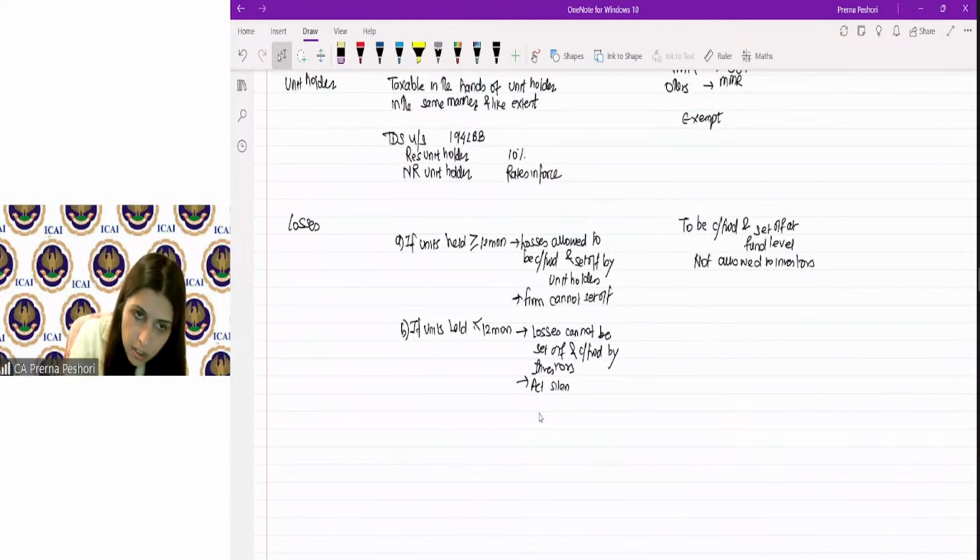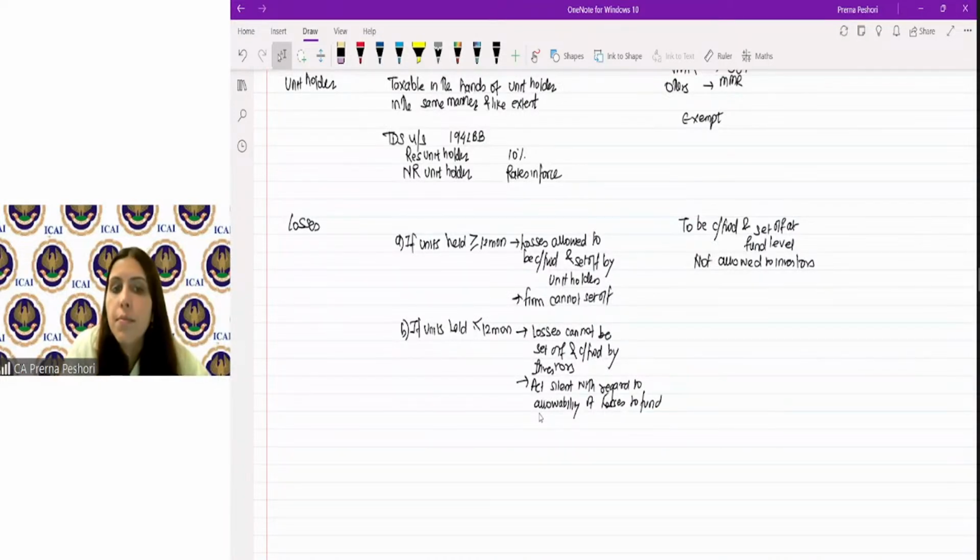Act silent with regard to allowability of losses to the fund. Okay. And any other losses which are there, that can only be carried forward by the unit holder and not by the fund. Are we clear? Any questions?